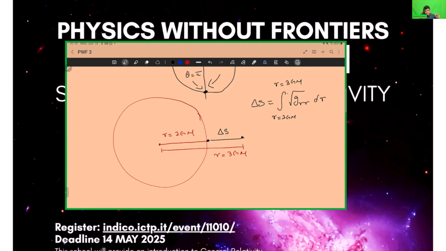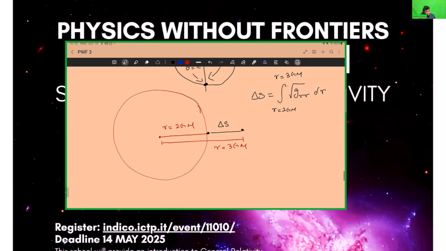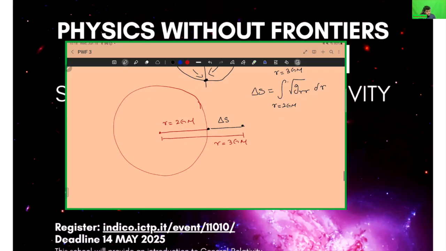Because the square root of GRR is the metric component that you use for this distance. If you set up this integral, it will become the square root of 1 over 1 minus 2GM over r, dr, from 2GM to 3GM.